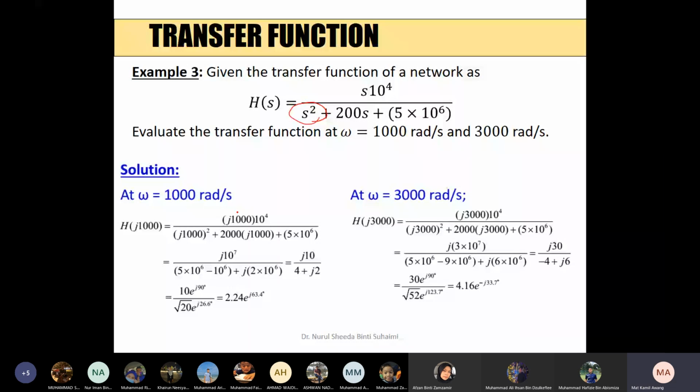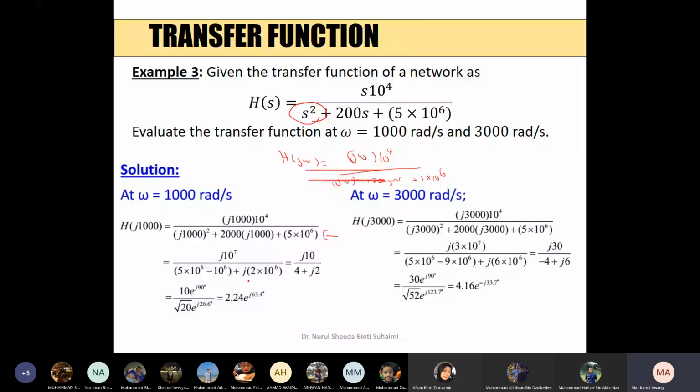At omega equal to 1000 radian per second, first rewrite H as H(j omega) = j omega times 10^4 divided by (j omega) squared plus 100 j omega plus 5 times 10^6. Then substitute omega with 1000 and simplify.